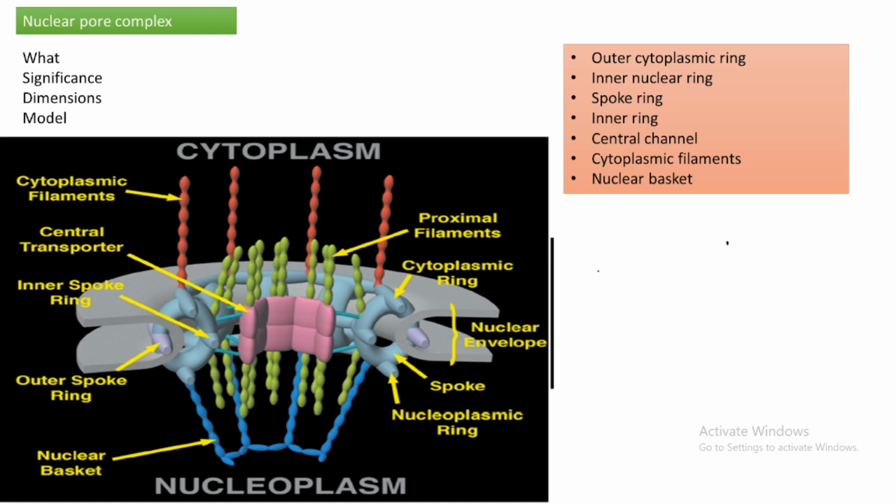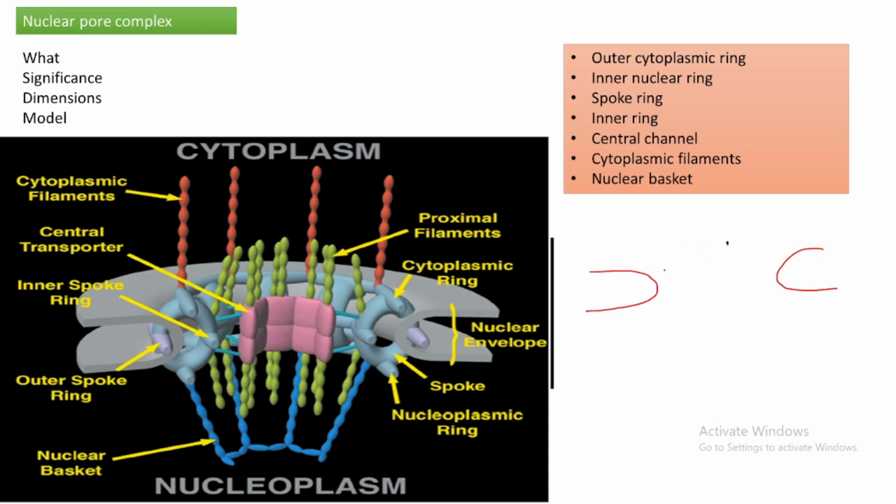Okay, first this is the nuclear membrane. Only one part, and its center has the pore complex. This is the outer nuclear membrane, and this is the inner nuclear membrane. Inside this space, the nuclear pore complex is actually occupying.